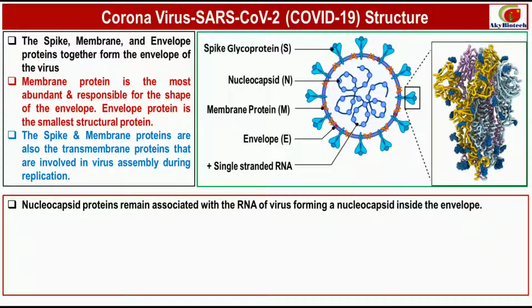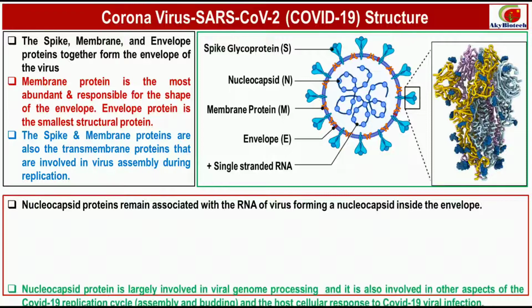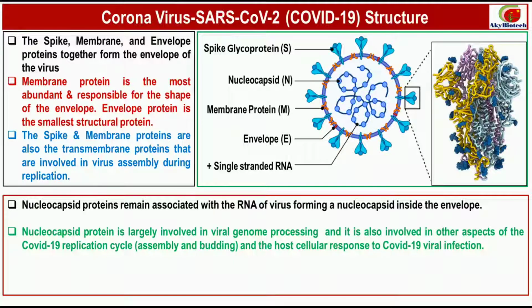Next, nucleocapsid proteins remain associated with the RNA of the virus, forming a nucleocapsid inside the envelope. The role of the nucleocapsid protein is that it is involved in viral genome processing, and it is also involved in other aspects of the COVID-19 replication cycle, that is, in its assembly and budding.